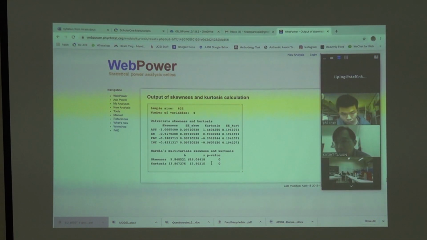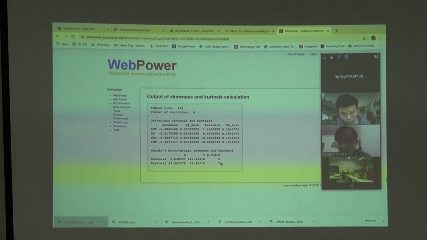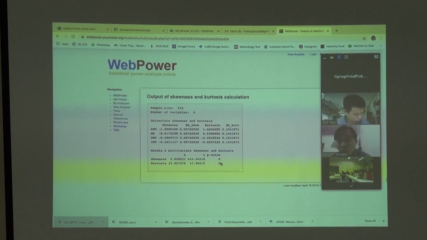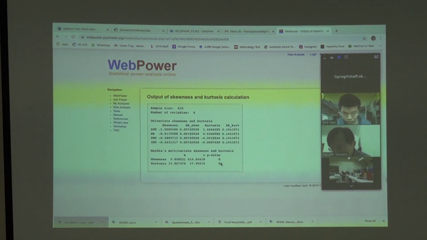Okay, kurtosis. And here the p-value is 0. What does it mean? When your p-value is significant, this might confuse you.